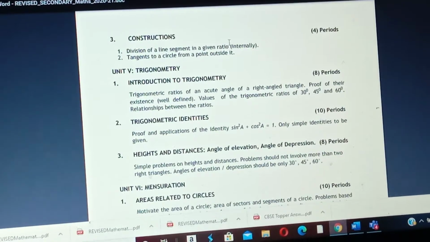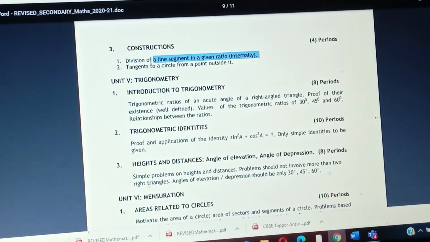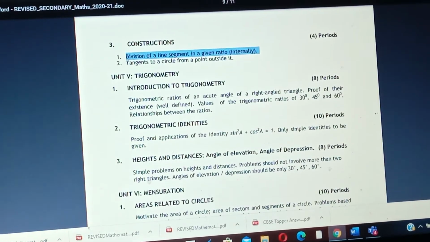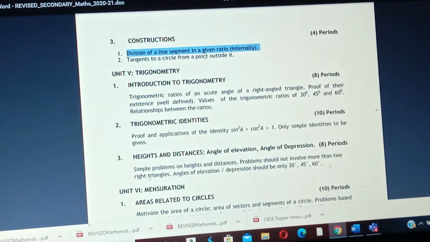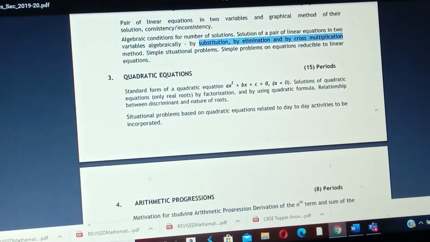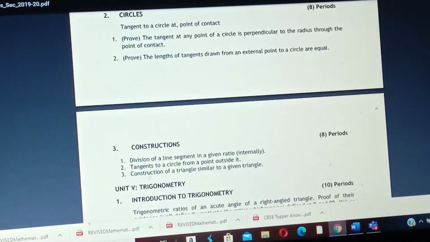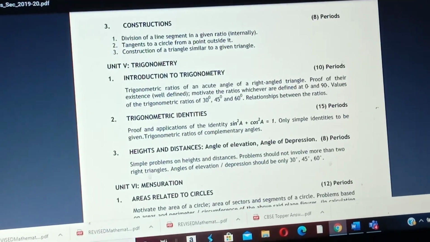It is the same, there is no change, so that is coming. So you just have to revise what you have studied in grade 9th. Tangent to a circle, this is a new addition and it's easy, so you will not have to spend much time. That is why they have reduced the number of periods to exactly half.